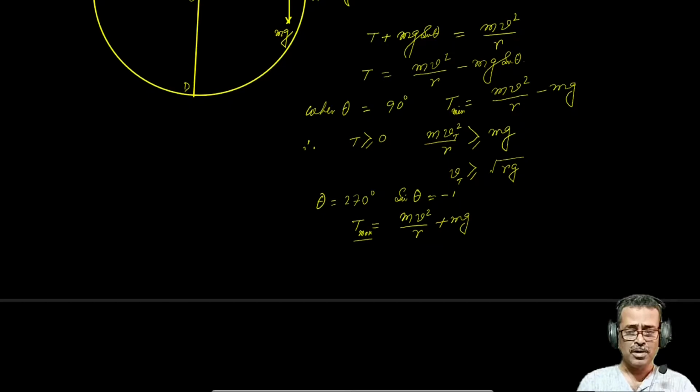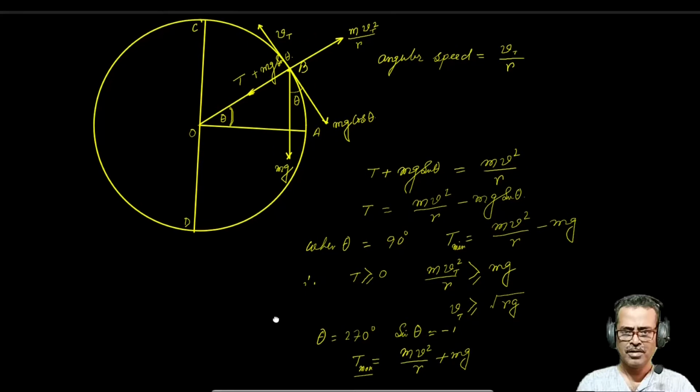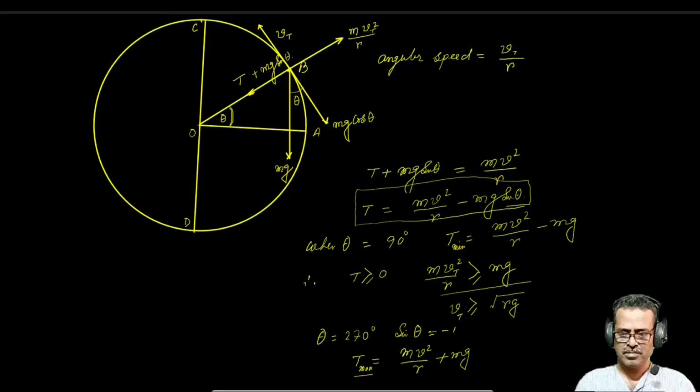So we have to equate this: mv square by r plus mg should be less than or equal to the maximum permissible tension. This expression is important. And this is also important. And this is.